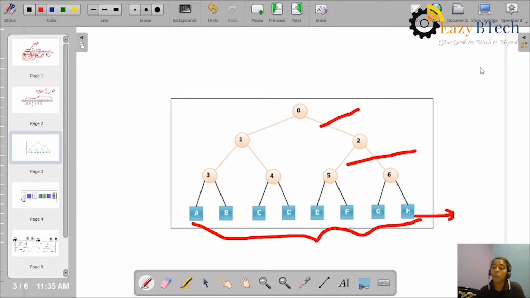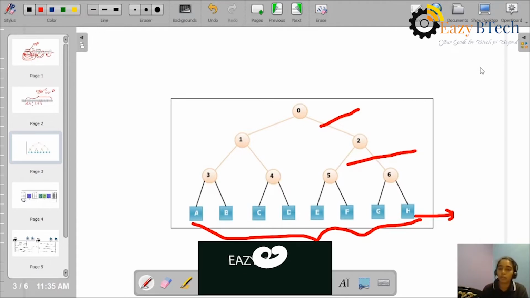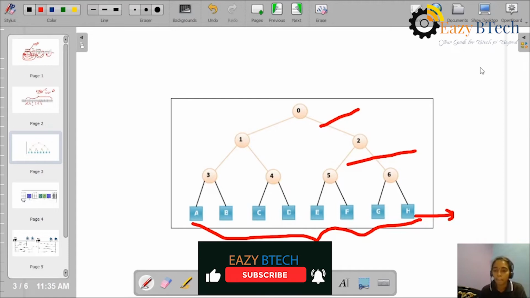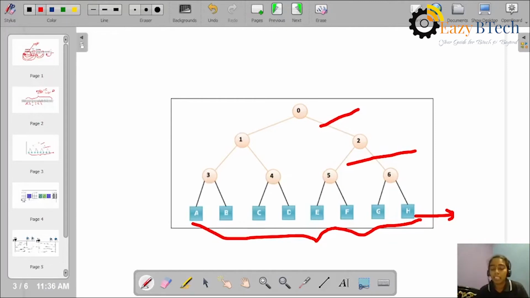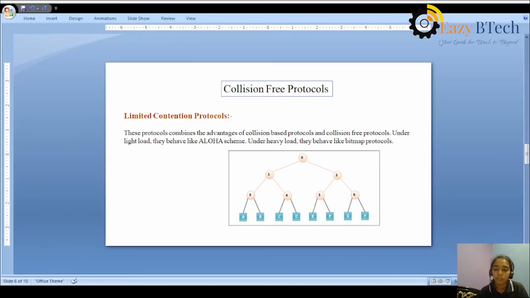Like that, we also have control access protocols. Control access protocols means to control the channel access. Let us see what the different control access protocols are.